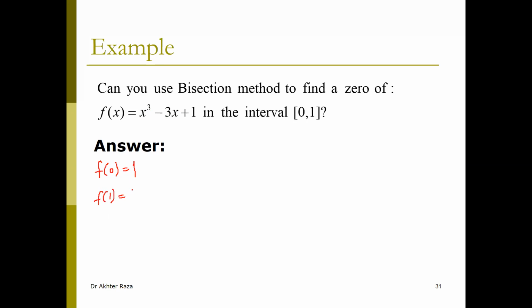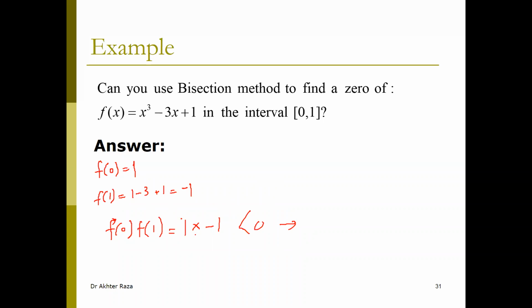F1 is 1 cube is 1, minus 3 times 1 is 3, plus 1, it is equal to minus 1. Now f0 multiplied by f1 is less than 0, meaning 1 multiplied by minus 1 is less than 0. We can say that the root exists.